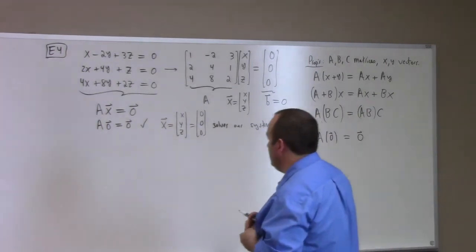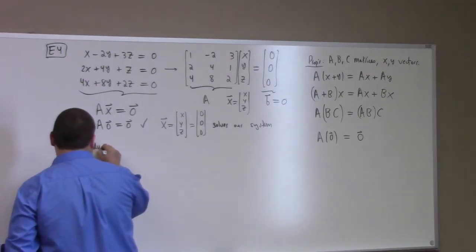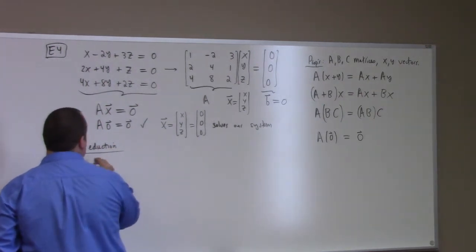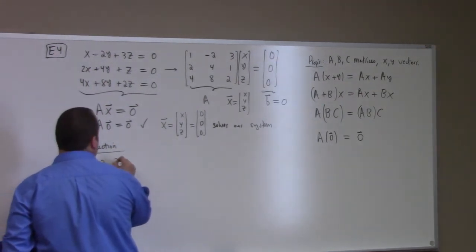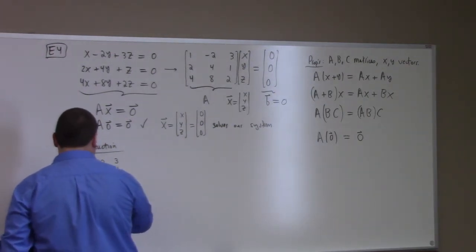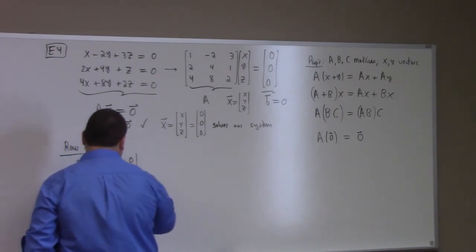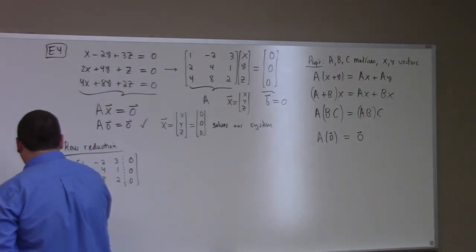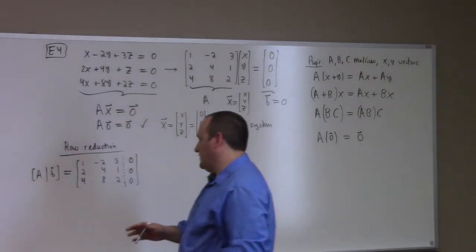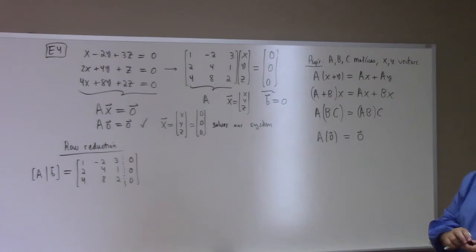All right? That's where row reduction comes into play. Row reduction. So here's the deal. We take the matrix 1, minus 2, 3, 2, 4, 1, 4, 8, 2. We put some dotted lines right here, and we put 0, 0, 0. What I'm looking at here is A concatenated with B. So you take the matrix of coefficients and you glue the inhomogeneous term onto the last column.